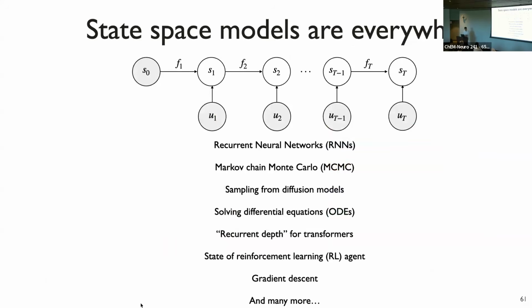And thinking more broadly, I think the possibilities for impact are even larger because, as we began at the start, state space models truly are everywhere. We've mostly talked today about recurrent neural networks and Markov chain Monte Carlo, but there are many, many applications that you can see on the board and that I'm sure you can think of in your own research, in your own lives.